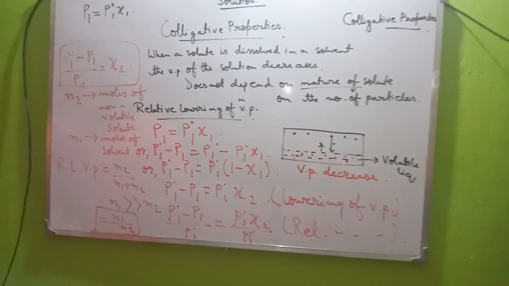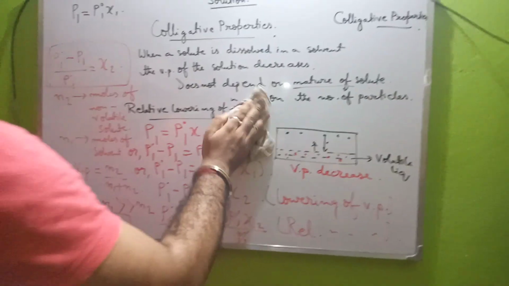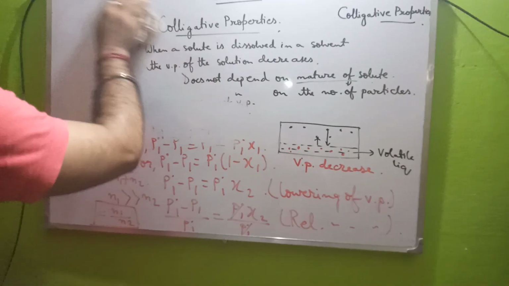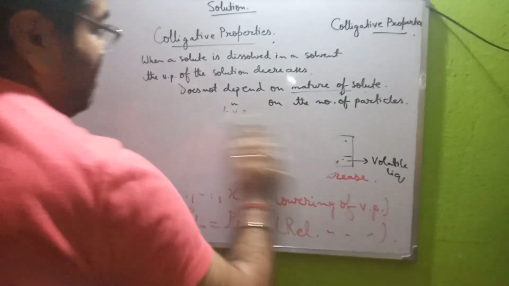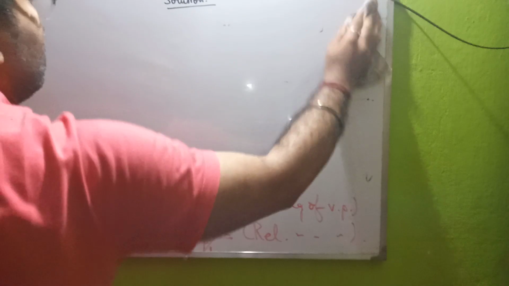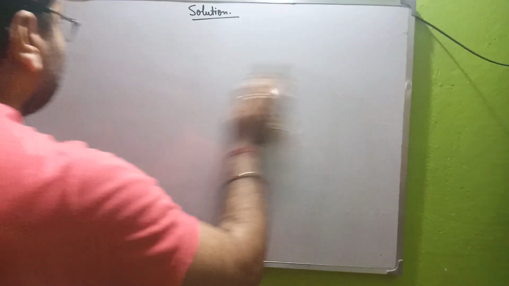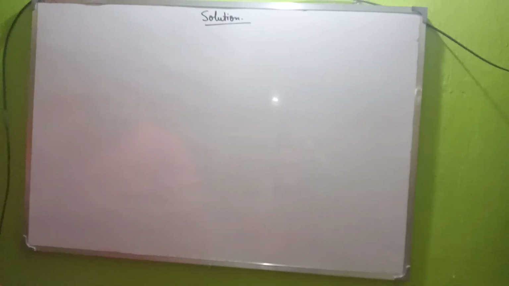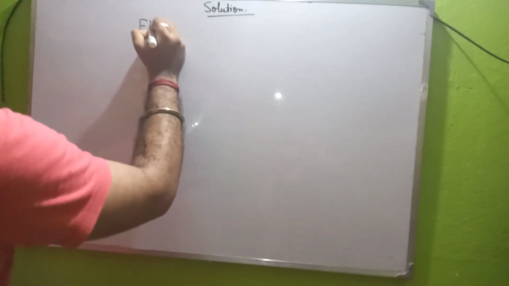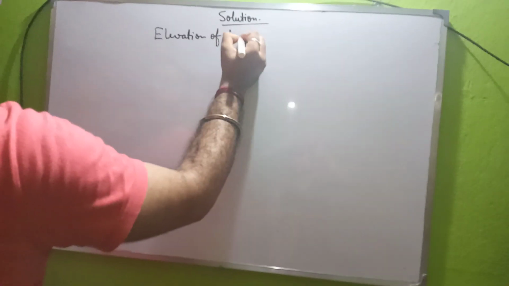Now this was one of the colligative properties. The next one is elevation of boiling point. What is elevation of boiling point? Before that we need to know what is boiling point.